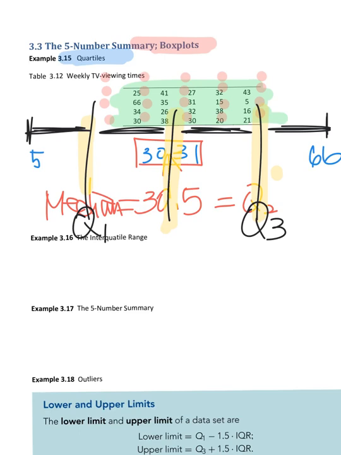Do you have any idea how we can take the first quartile? How do you think? I gave you a hint. Median was the second quartile. Then how can we take the first quartile? Take the median of the first half.